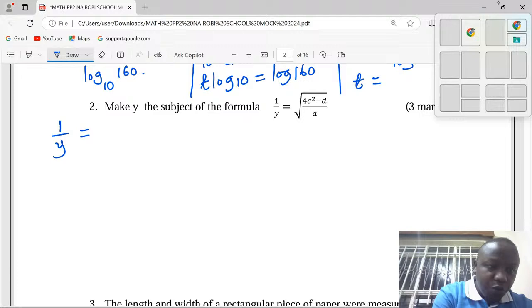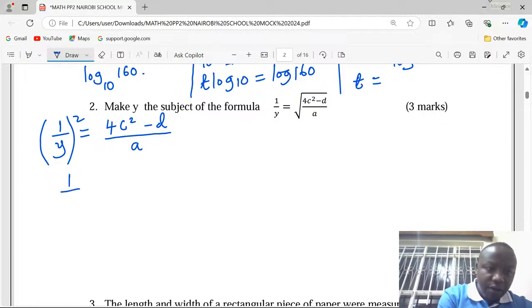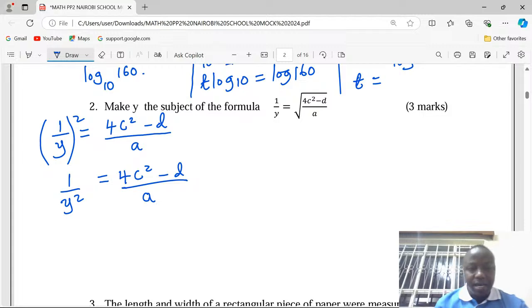That means we can square both sides of this equation, so that on the right hand side we shall have 4c squared minus d divided by a. So we have 1 over y squared equals 4c squared minus d divided by a.